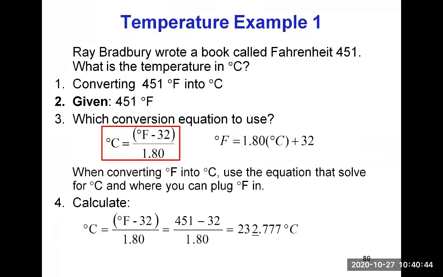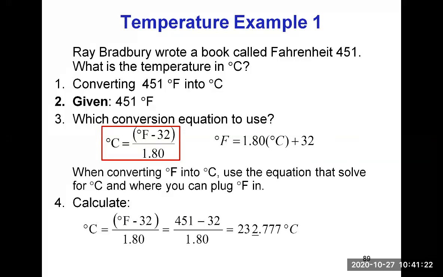So it would do 451 minus the intermediate calculation of 32 divided by 1.80, which would lead to a wrong answer. So be very careful. You need parentheses in the numerator: 451 minus 32 in parentheses, divided by 1.80. You want the subtraction to be done before you divide the intermediate answer by 1.80.